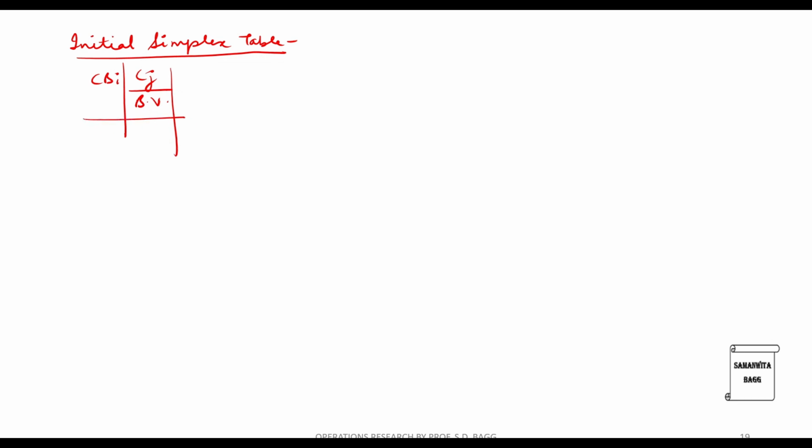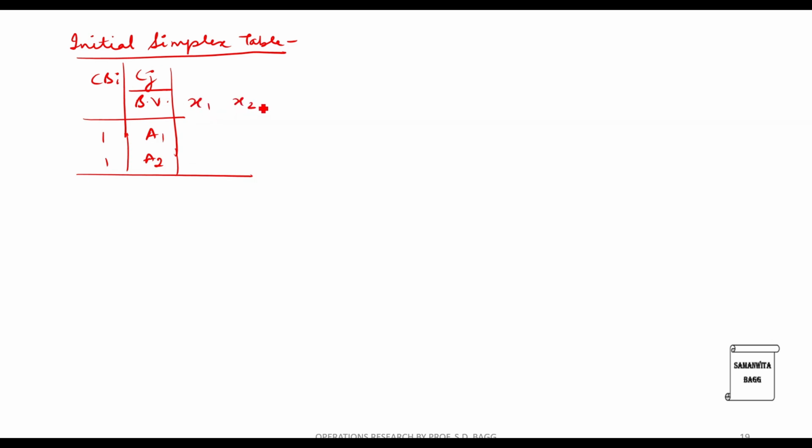So I'll make the initial simplex table. I'll start with CBi, Cj, basic variable. We have only two basic variables, a1 and a2, and the coefficient of both of them in the equation of w is 1.